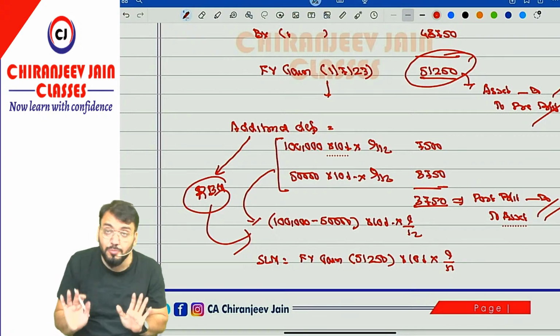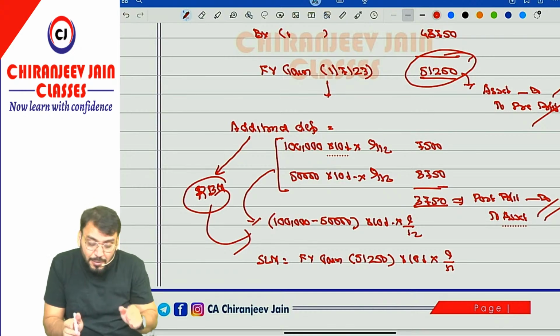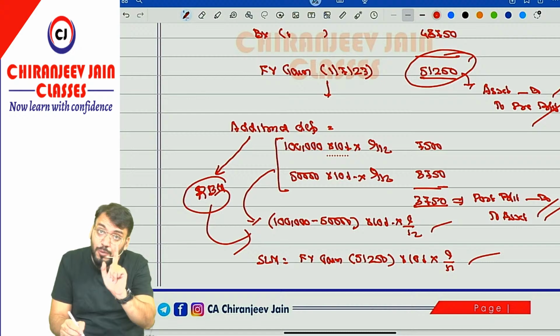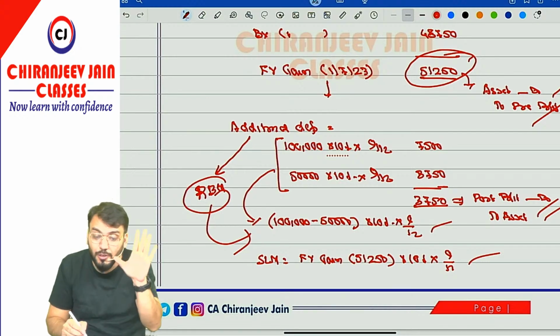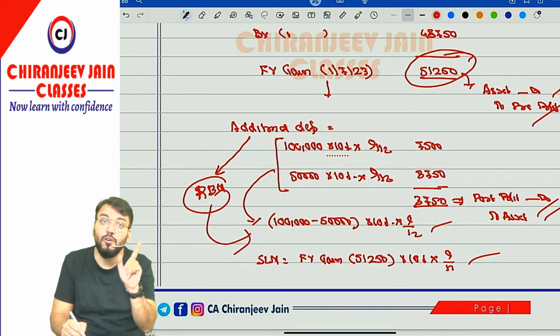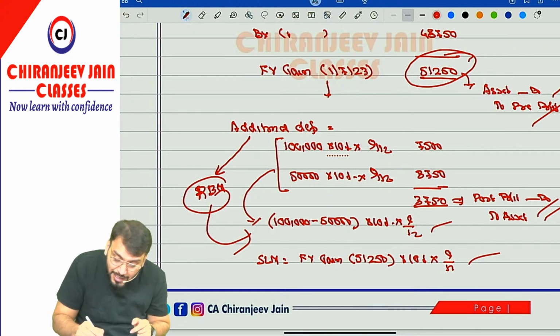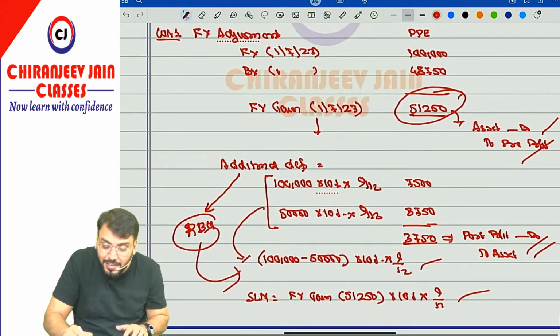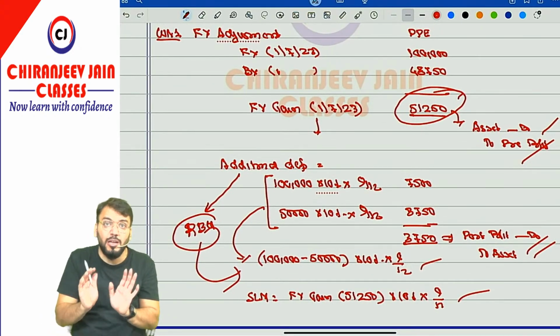Understood? You need to remember that RBM is this way, SLM is this way. Yes, if the question is silent, always follow RBM. Don't follow SLM. If the question is silent, follow RBM. But if SLM is there, then directly calculate on 51,250. Be careful about this point.